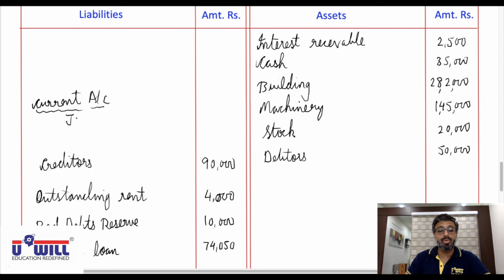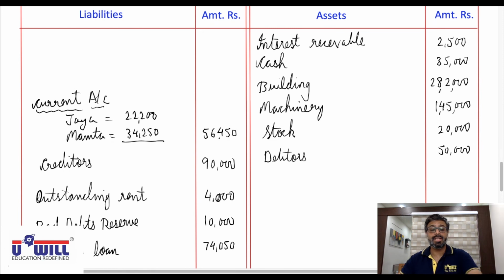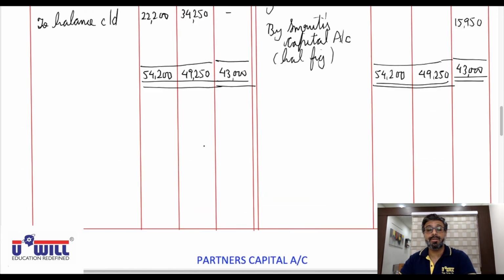Jaya 22,200, Mamta 34,250. So total 56,450.